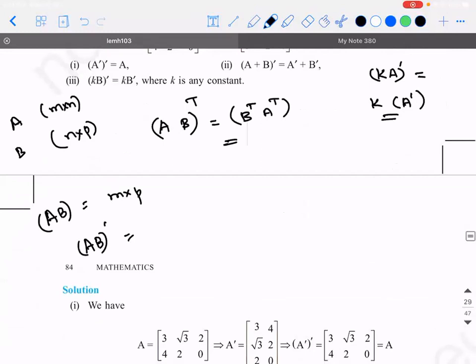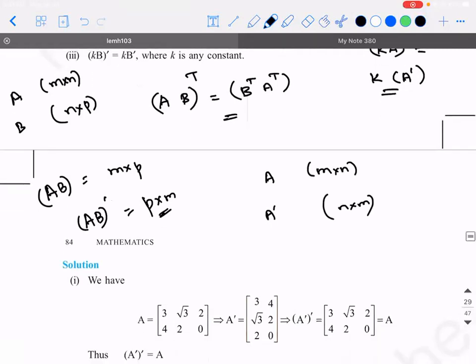Then AB transpose will be of order p cross m. I'm just telling you the logic with respect to the orders. Now, if A has an order of m by n, A transpose will have an order of n by m. If B has an order of n by p, then B transpose will have an order of p by n.